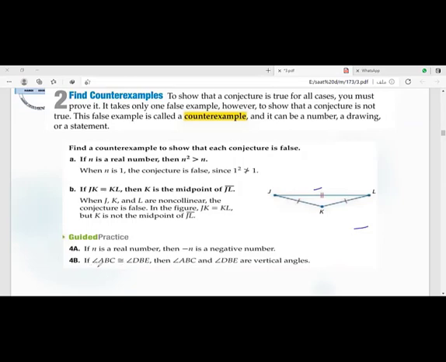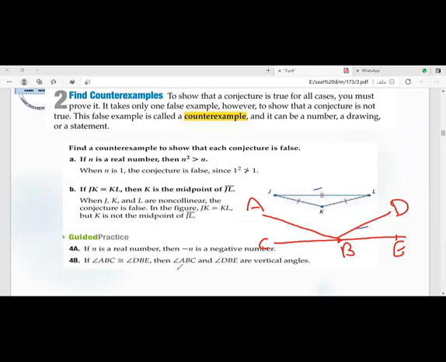If angle ABC is congruent to angle DBE, then angles ABC and DBE are vertical angles. We can make a counterexample here by drawing B, here A, BC, and here DBE.